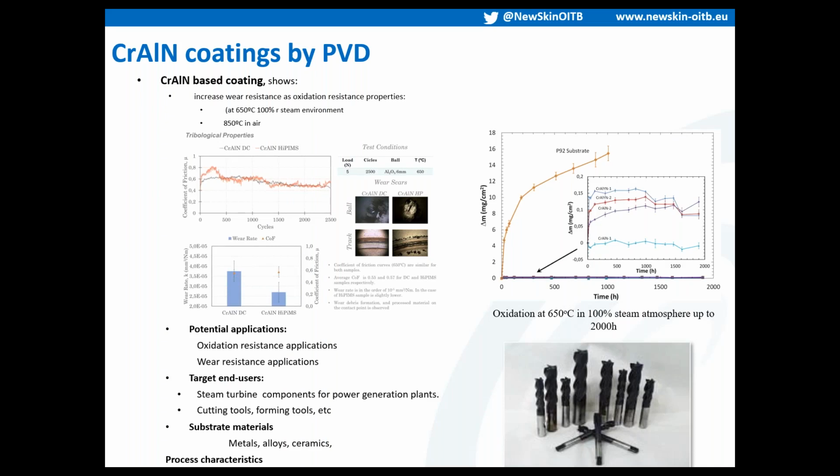For example, we have results in the case of a 100% steam atmosphere and 650 Celsius degrees. You can see here the uncoated substrate increases in mass compared with the coated samples. So you can see a very, very different behavior and improvement of these protections.